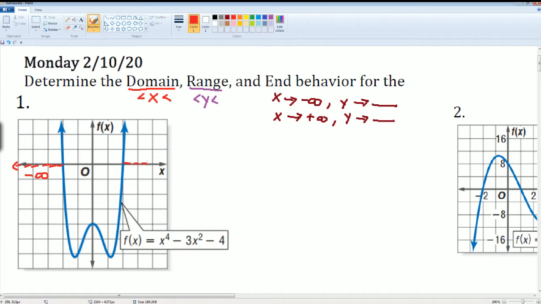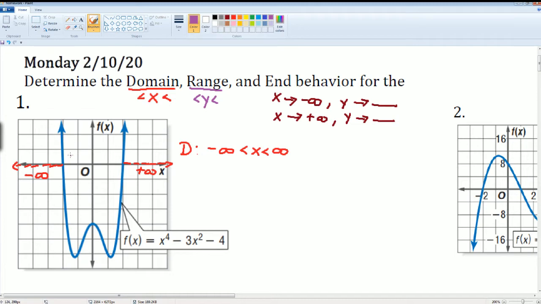It looks like it's going this way, all the way to positive infinity. So here the domain is from negative infinity all the way to positive infinity. So x is less than positive infinity but greater than negative infinity, because it goes all the way to the left and all the way to the right.